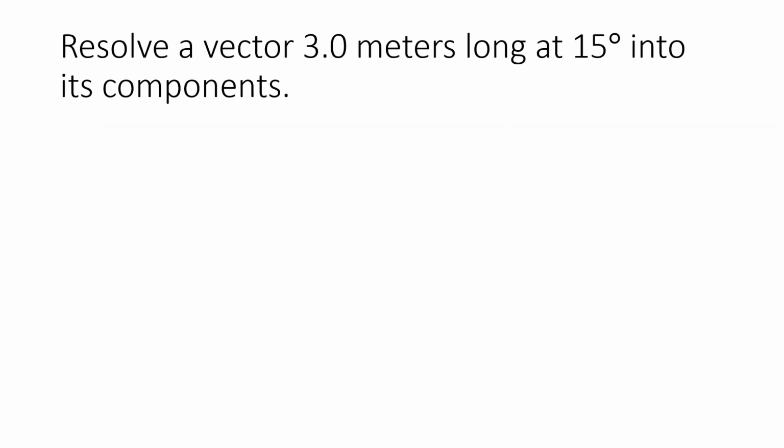So resolve a vector 3 meters long at 15 degrees into its components. What this is saying is that on the XY plane, your vector is approximately 3.0 meters long, and the angle is 15 degrees.